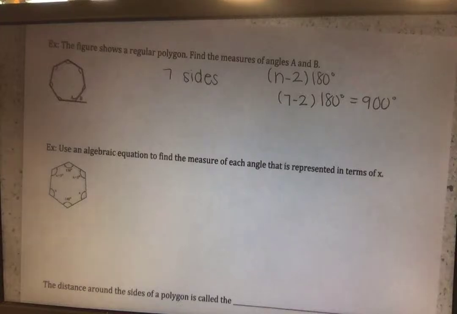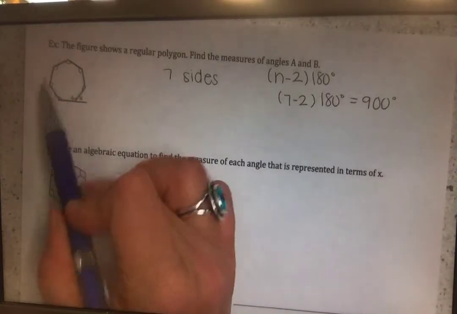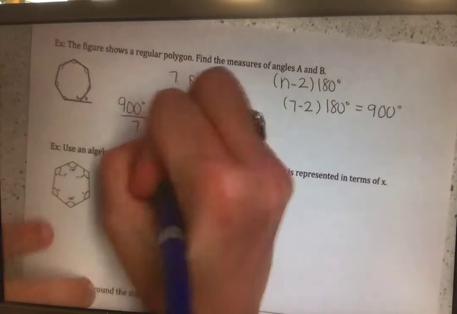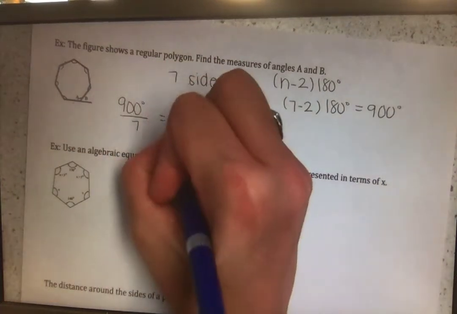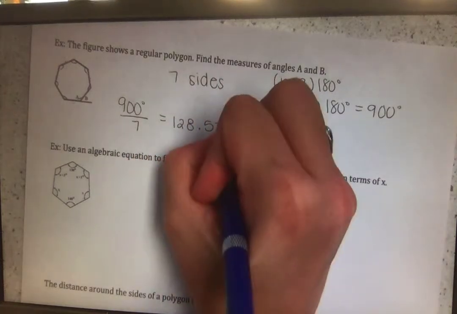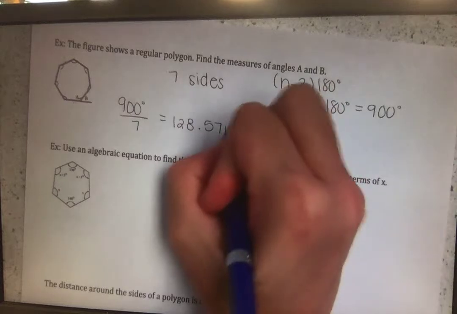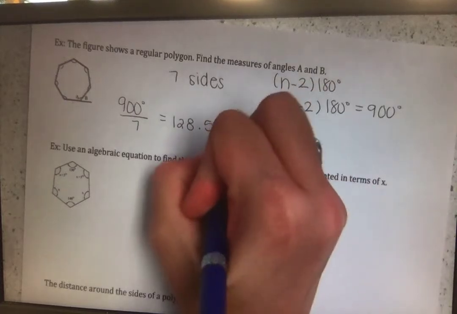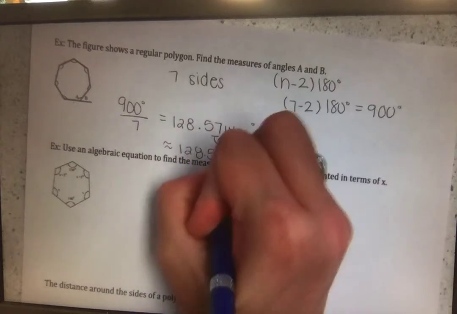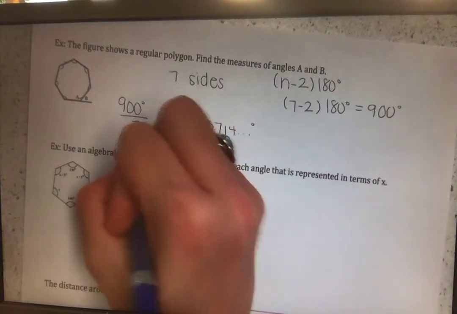If we have 7 angles, and the total is 900, and these are all the same, we could take that 900 divided by 7, and it will give us about 128.57 degrees. Rounding to 2 decimal places, it's about 128.57 degrees. So that'll be the measure of angle A.